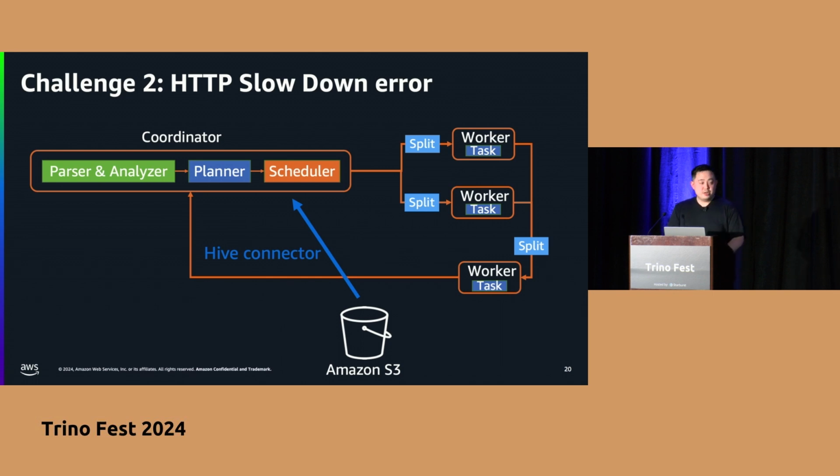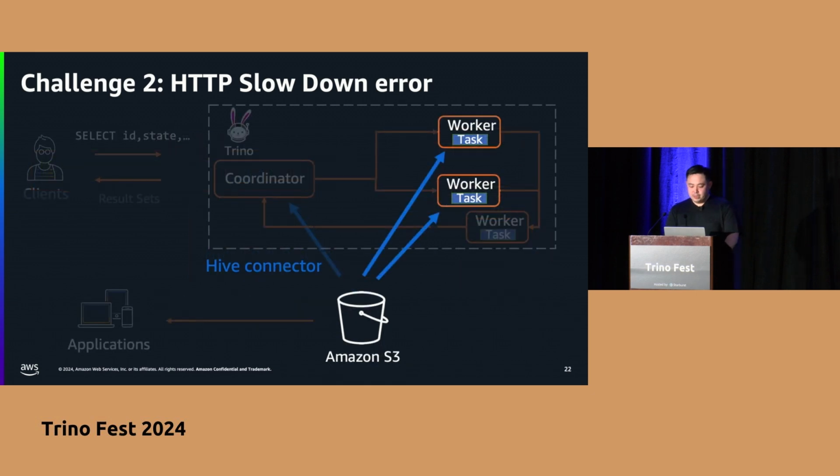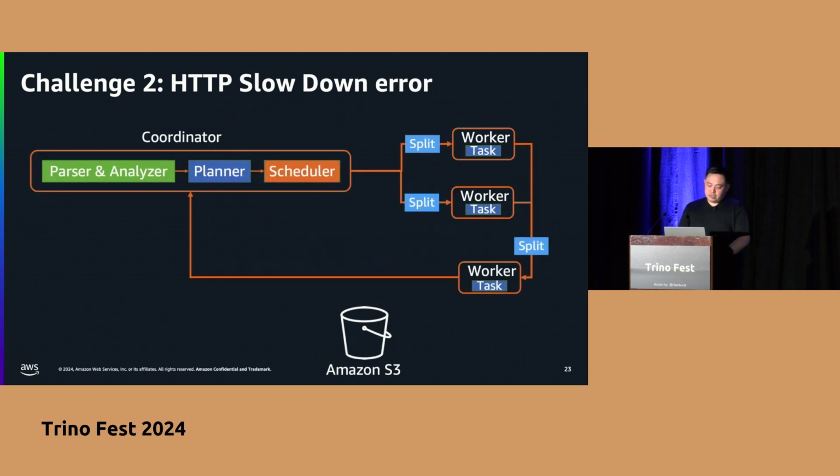So when enumerating splits, the Hive connector calls list requests to Amazon S3. So if you read many files, the number of list requests to Amazon S3 is quite high because of enumerating splits. So now moving on to the worker part. After the tasks are assigned, workers process the splits.